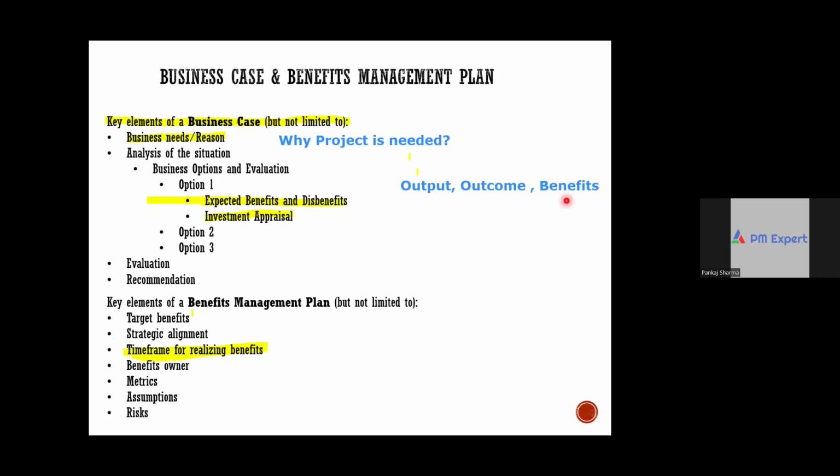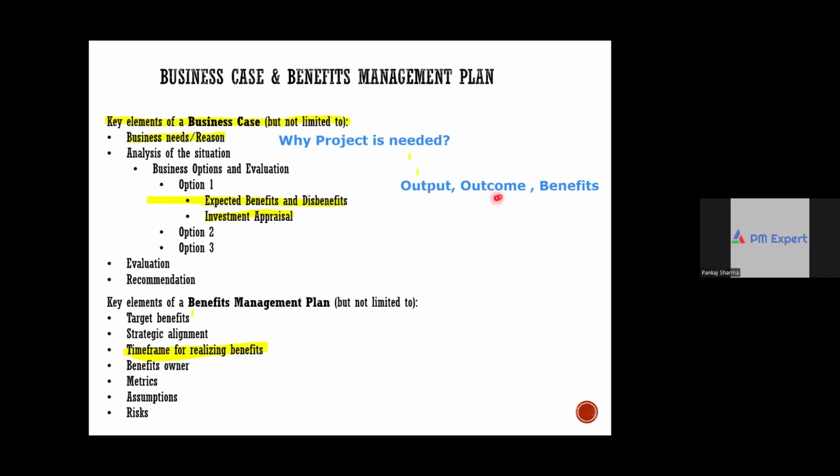Let me give you one example. Suppose we are developing and implementing an inventory management system to reduce the wastage. That inventory management system itself is an output. The change it enables, which is reduction in wastage, is an outcome.